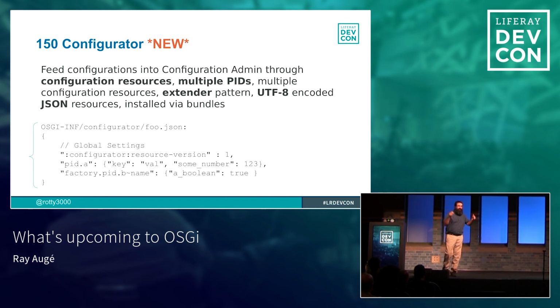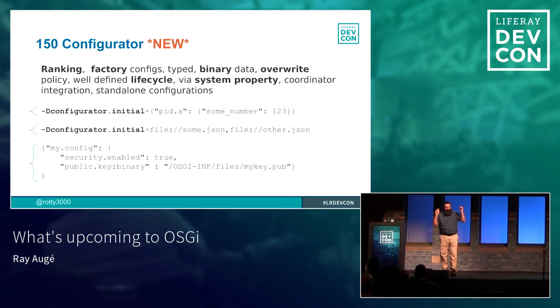And you can even pass all of this stuff in through system properties. So it's really nice. You can pass in all of your configuration through system properties, either by directly passing an encoded JSON object, or you can just point to a bunch of files.